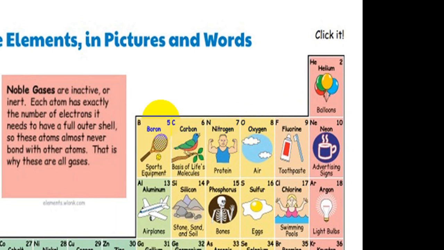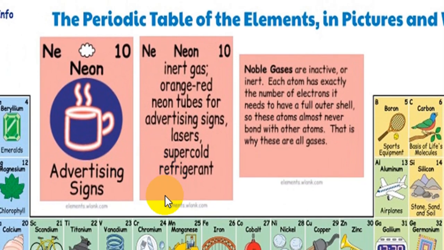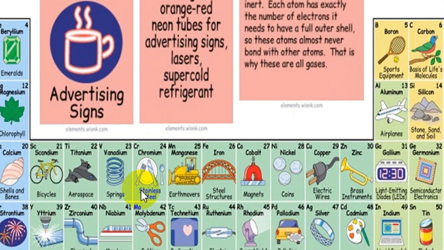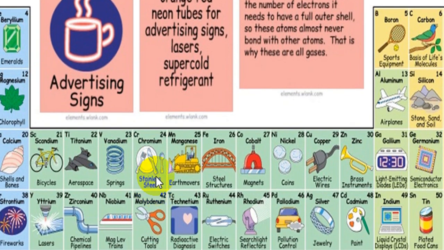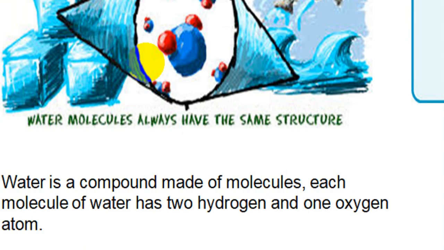Aluminum, they use it for airplanes. So we have many kinds of pure elements everywhere. I chose this picture of the periodic table to show that we have different types of elements, but we don't have to memorize each of them. Of course, we will not memorize all these elements. Okay, so now let's move to the next slide.